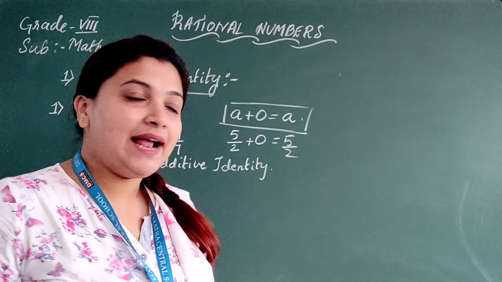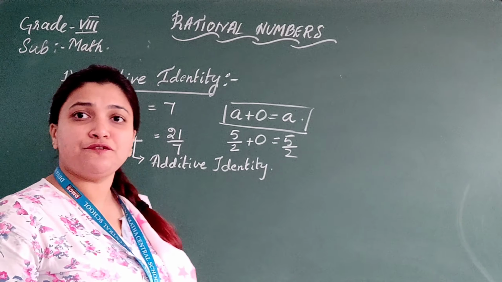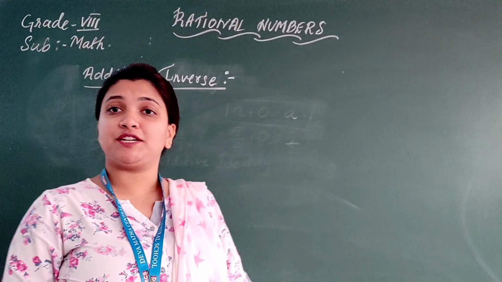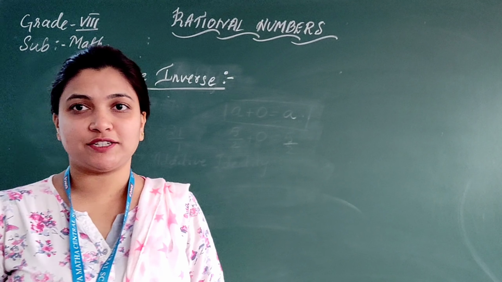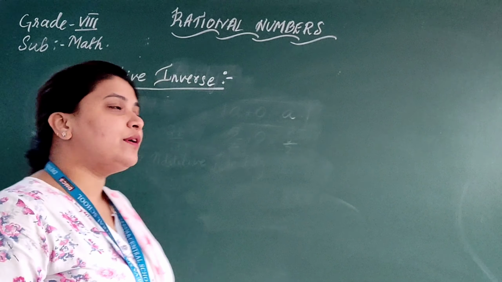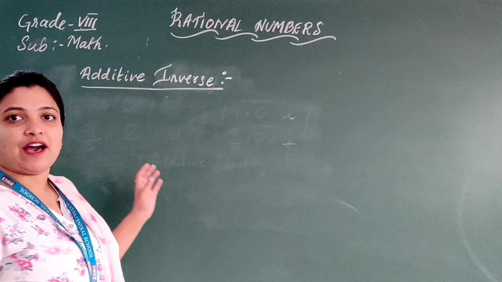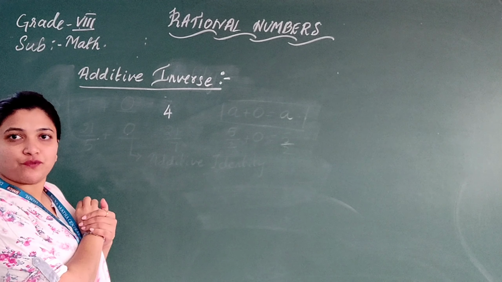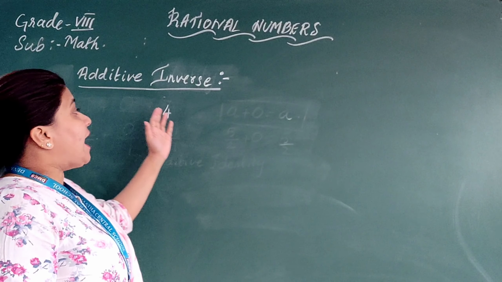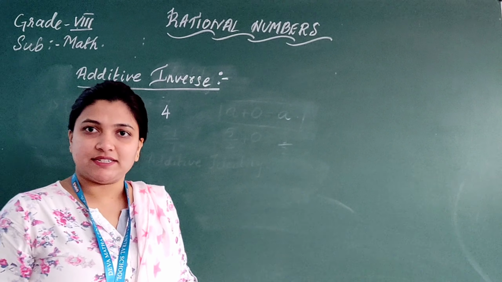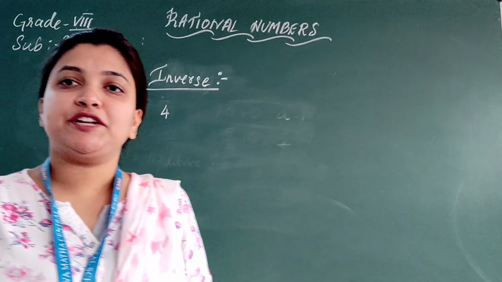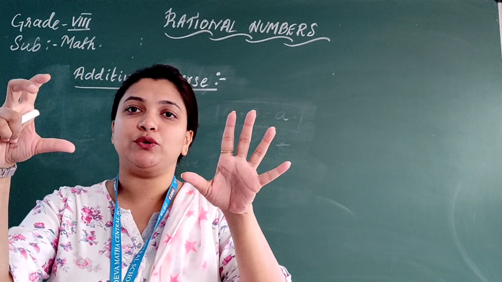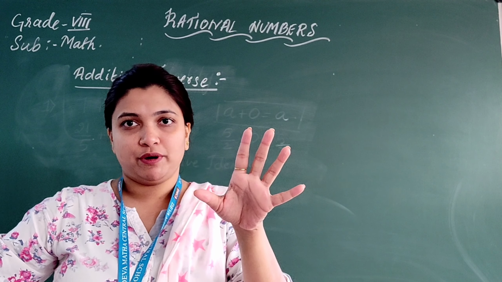Now children, I'll tell you what we mean by additive inverse. Yes children. Now after additive identity, let us know what is additive inverse. Okay, now let me tell you, if I have plus 4, now you all know what additive identity is. Additive identity is nothing but a number which, when I add it with 0, again gives the same number.